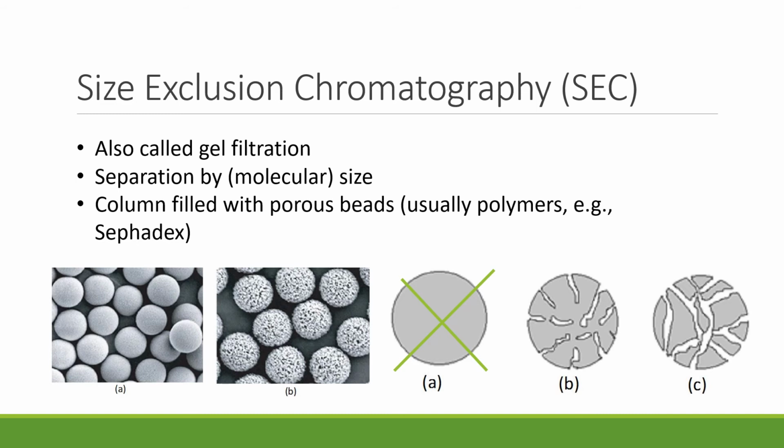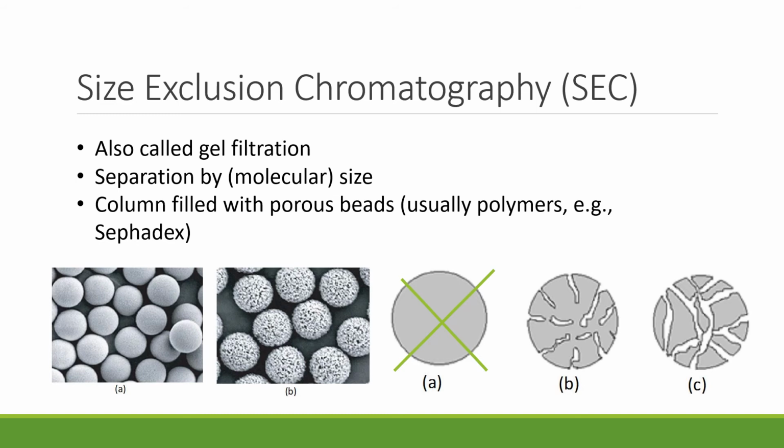This is a technique that is often used to separate the different components of a sample by their molecular size. A column will often be filled with porous beads, sometimes silica or some other type of polymer, Sephadex, something like that.